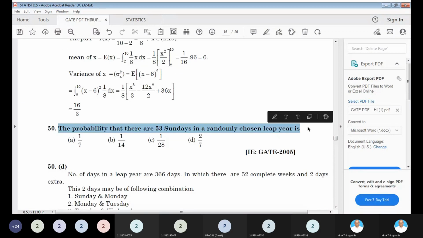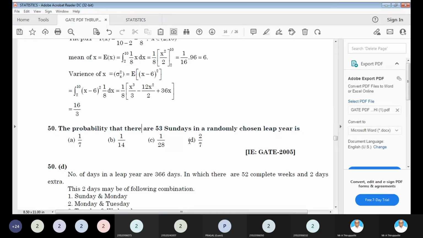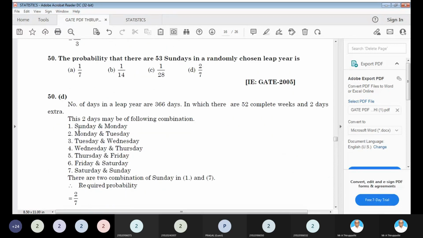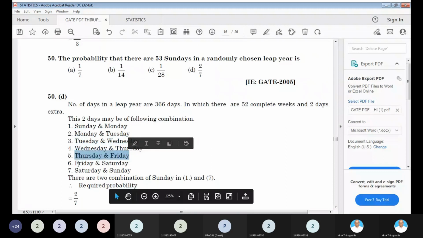The probability that there are 53 Sundays in a randomly chosen leap year: now in a leap year, how many days are given? 366 days are given, so that is 52 complete weeks and 2 extra days. The 2 extra days may be any one of these combinations: Sunday-Monday, Monday-Tuesday, Tuesday-Wednesday, Wednesday-Thursday, Thursday-Friday, Friday-Saturday, Saturday-Sunday.